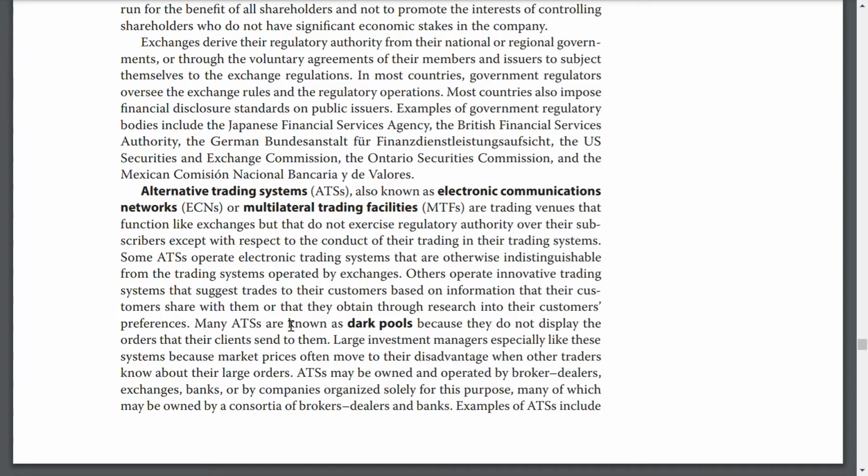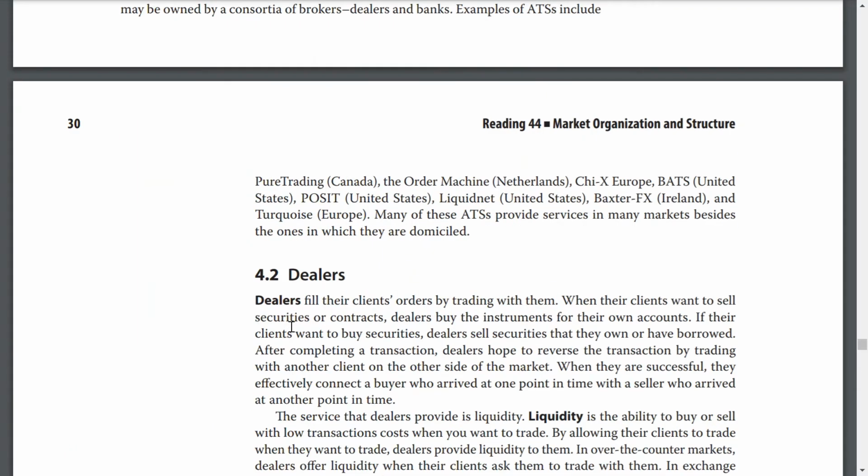Large investment managers especially like these systems because market prices are often moved against them when other traders know about their orders. These ATSs may be owned and operated by broker-dealers, exchanges, banks, and companies organized solely for the purpose, many of which are owned by consortia of brokers, dealers, and banks. Examples of ATSs include these examples.